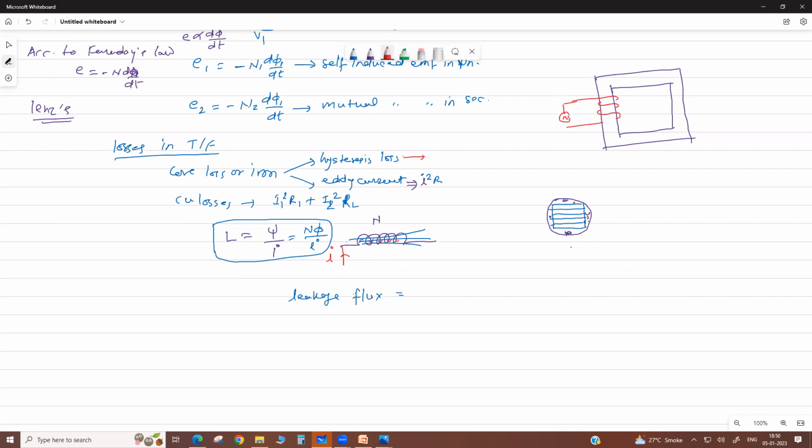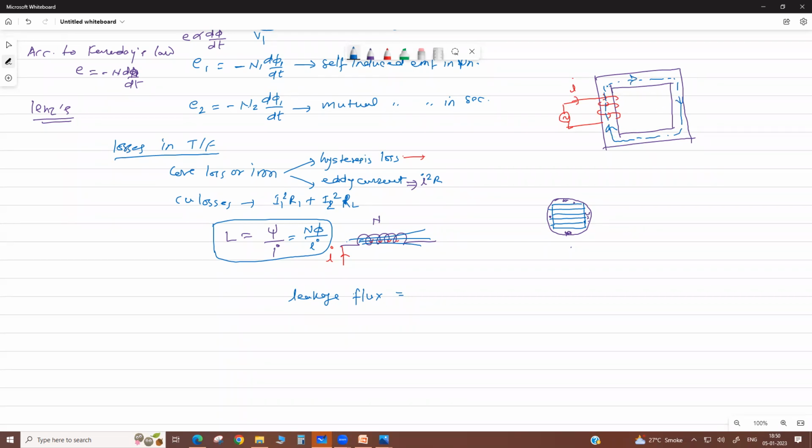When we put an AC source, there is a current. When this current is passed, please write the right hand rule. These fingers indicate the direction of current, then the flux is upward, na? In this core, how will the flux be? Upward. Correct, na? Flux is like this, in this direction.